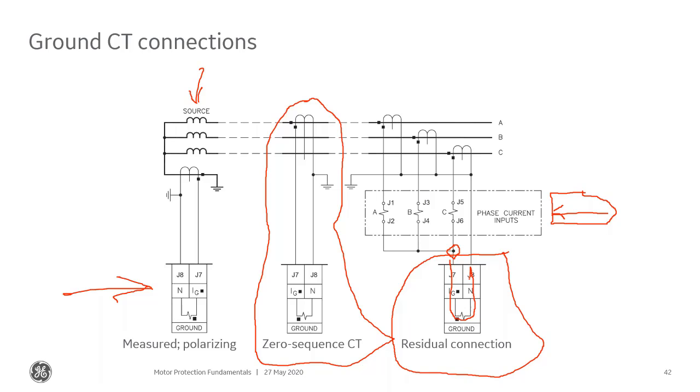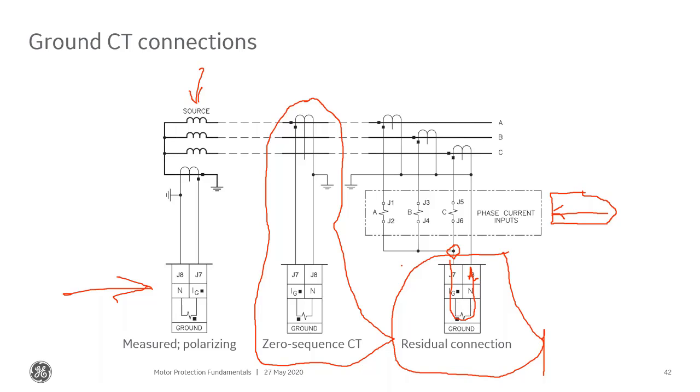If those currents vectorially sum to zero, as they would in a perfectly balanced system with a perfectly built motor, which doesn't exist in the real world, then all the current stays inside the CT circuits, and none of it is available to be driven through this ground input. That's the key difference between the three different types.